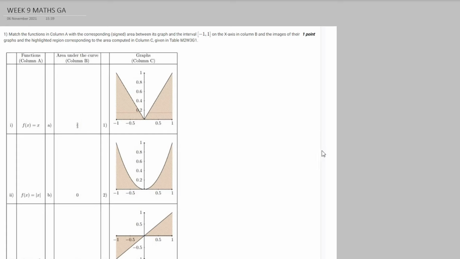So the first question states there is a function given and it's defined in the interval -1 to 1. Based on this data we have to calculate its area with the x-axis and its graph. So the first function is f of x is given by x.